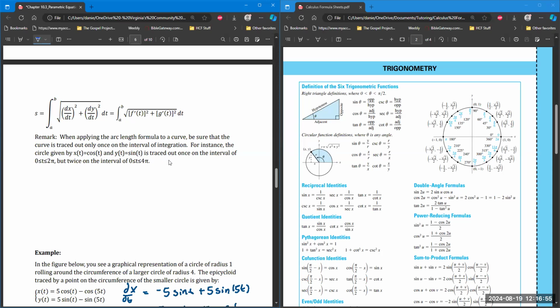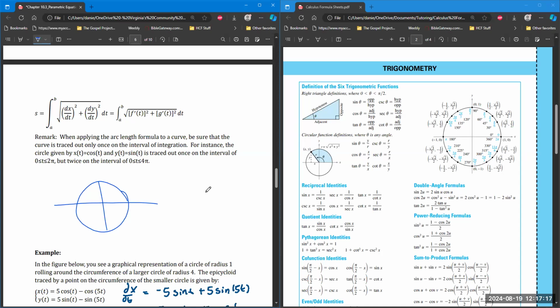I gave some space here to show that I could have a circle that I go around multiple times. Each time I'm adding another constant multiple of the circumference, and that would increase the arc length. I may actually want that.